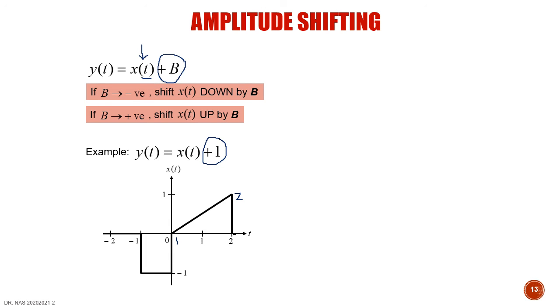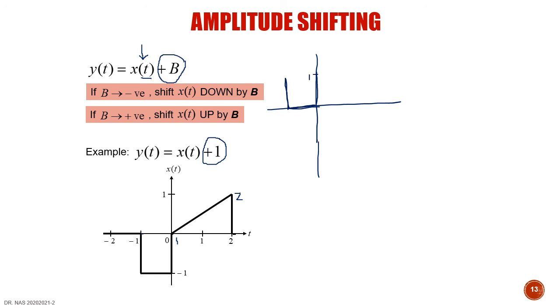So let's draw how this signal looks like. So everything will be shifted up by 1. So -1 now becomes 0. Okay, so here 0 becomes +1, and then here 0 becomes +1.